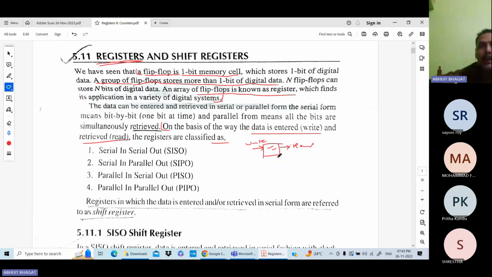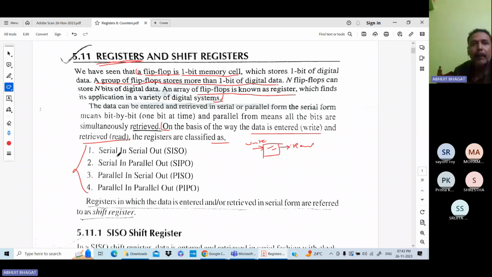So on the basis of the way the data is entered, meaning write or retrieve, the registers are classified into these 4 types. Depending on how the data is read or written, these registers are of 4 types.